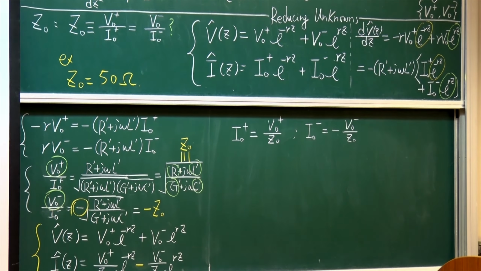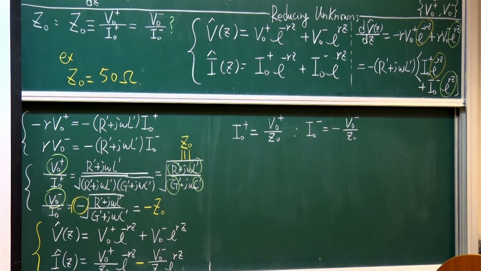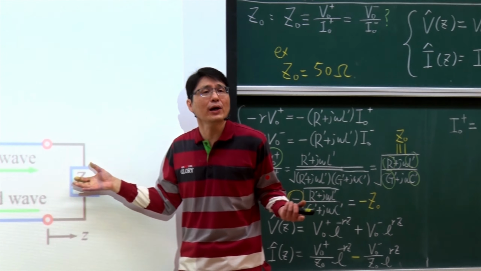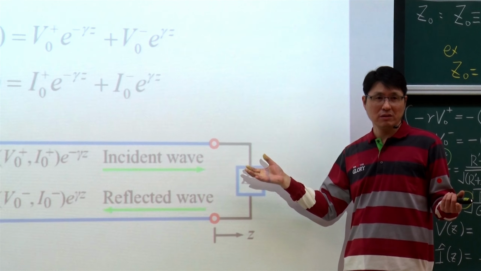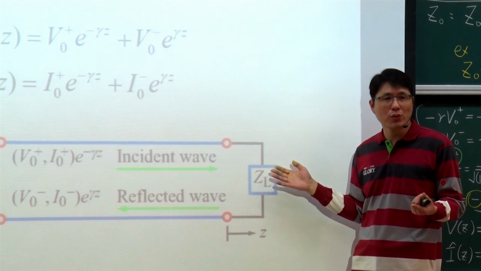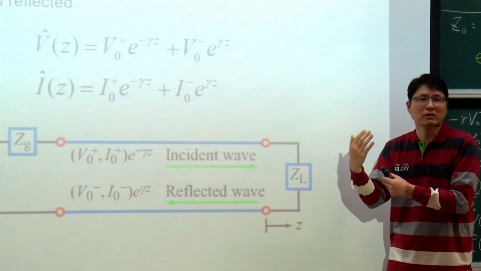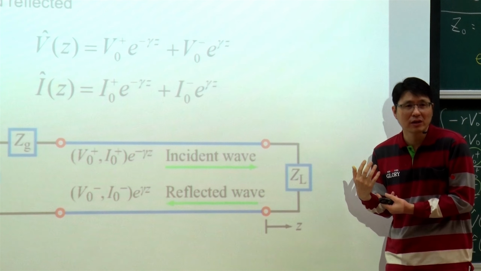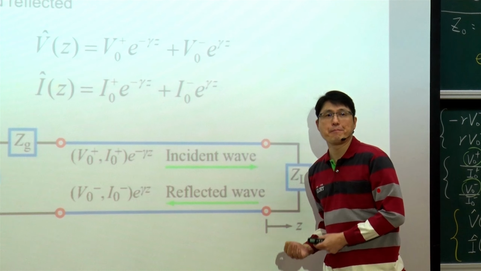So I have a 50 ohm characteristic impedance transmission line connected to a 100 ohm load. 50 does not equal 100, so partially some of the voltage, some of the current, and some of the power are reflected back.